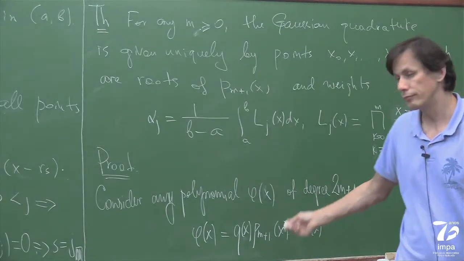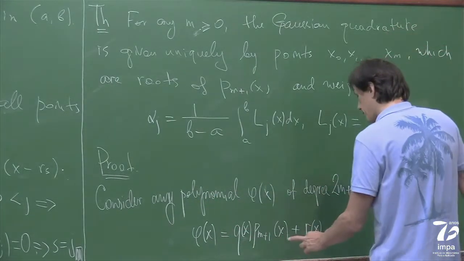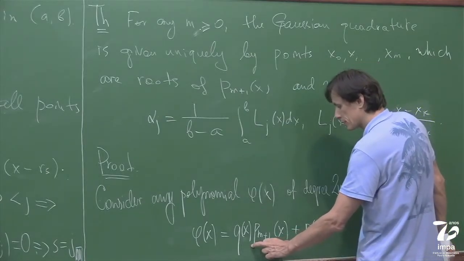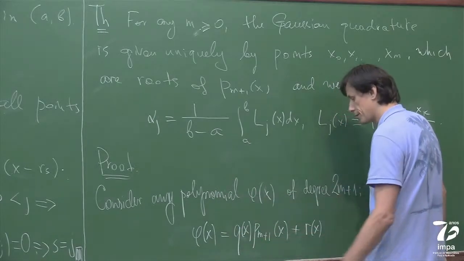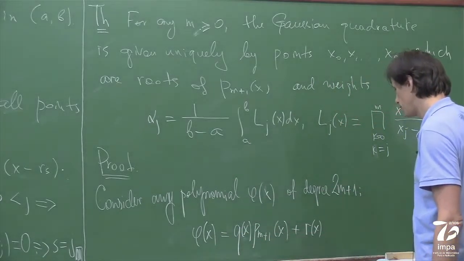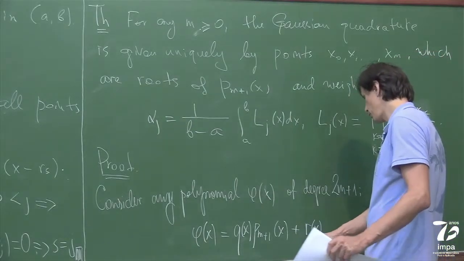You can represent any polynomial in this form. You can find q such that you cancel all the terms of degree more than m, and this will be the rest.